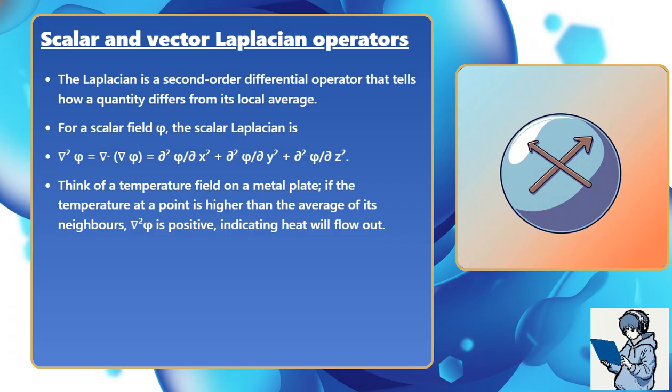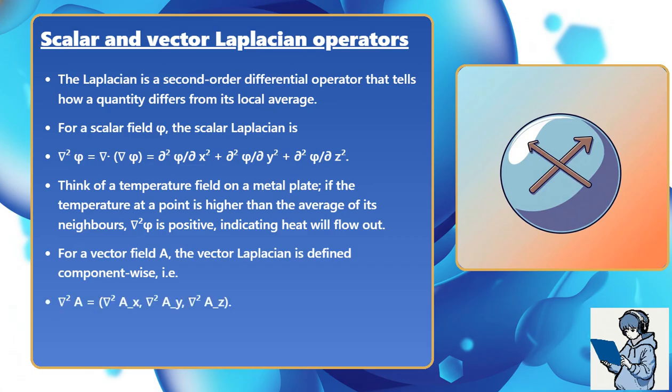heat will flow out. For a vector field A, the vector Laplacian is defined component-wise, i.e. nabla squared A equals the tuple nabla squared A sub x, nabla squared A sub y, nabla squared A sub z.